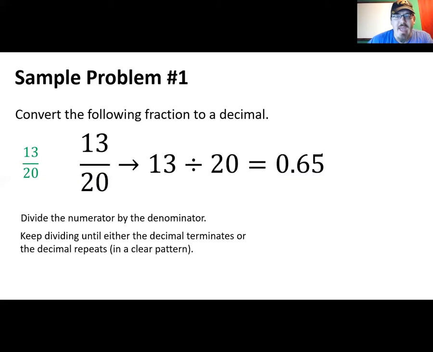Once you've got a pattern that repeats, then you know that you're finished. So again, keep dividing until it either ends like it does in this situation or until a repeating pattern clearly is present. So there's our first example. To convert a fraction to a decimal, simply divide the numerator by the denominator. Divide the top number by the bottom number.